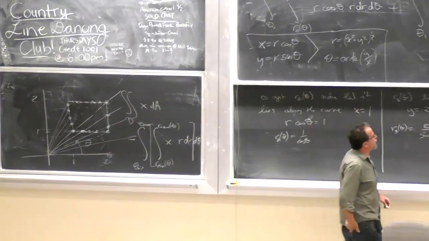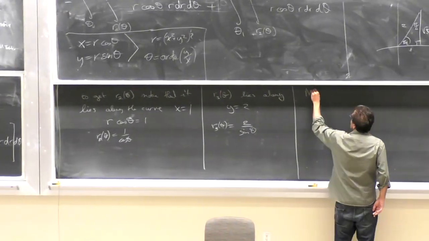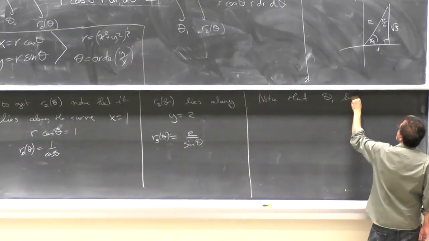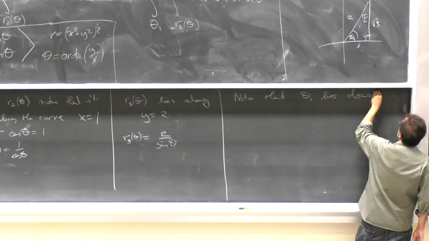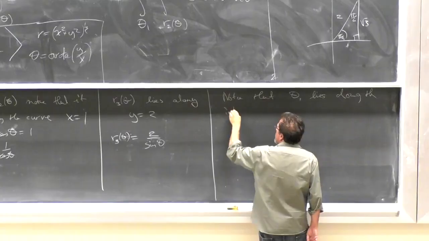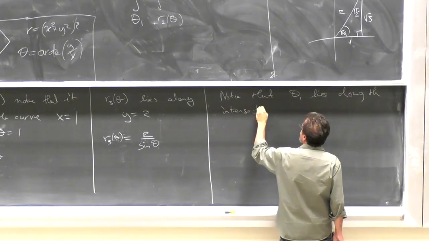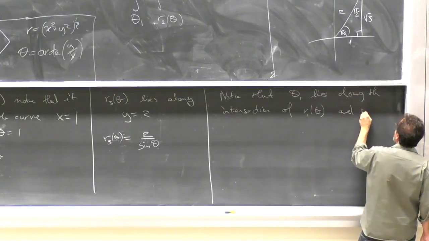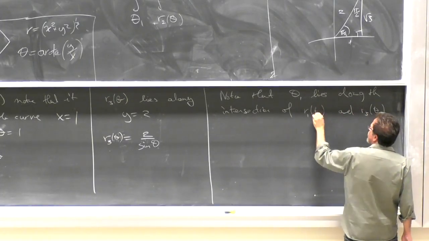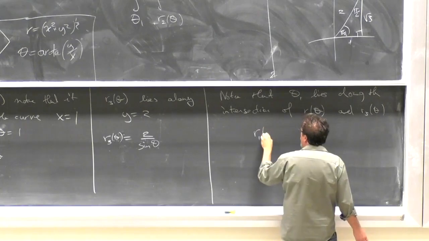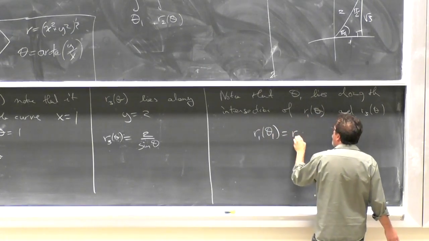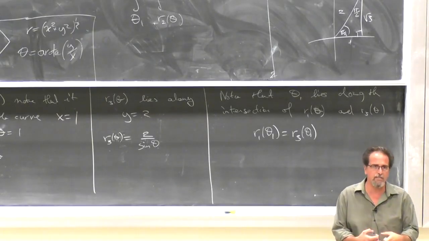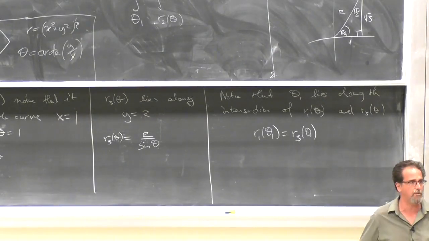So note that theta 1 lies along the intersection of R1 of theta and R3 of theta. Okay? So set them equal. R1 of theta 1 is equal to R3 of theta 1. I know there's a bit of notation here, but it's really trying to tease out the logic of what we mean by these statements, functional evaluation.